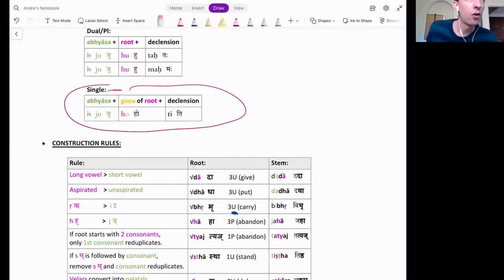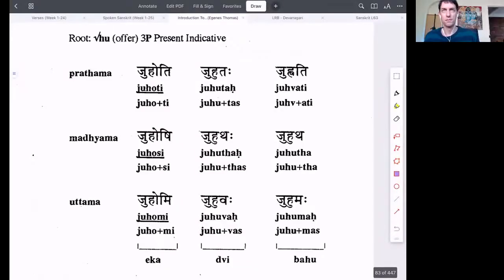So same thing. Homework is to say out loud once the class 3 paradigms on page 73. Juhomi, juhoshi, karomi, karoshi, karoti. Nothing new there. Juhuvaha, kuruvaha, nothing new there. Juhutaha, kurutaha.